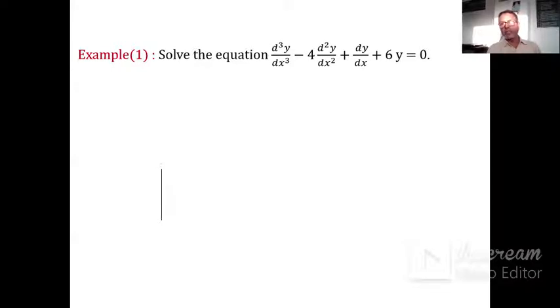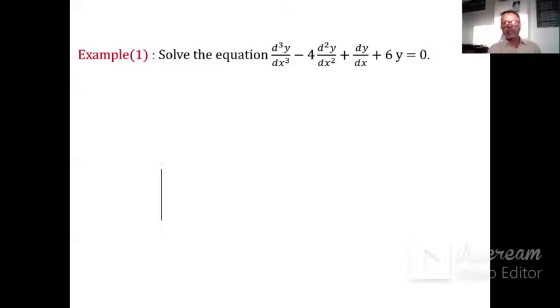We have seen that if m1, m2, dash dash, mn are the n distinct roots of the auxiliary equation, then the general solution of the given nth order homogeneous linear differential equation with constant coefficient is given by y is equal to c1 e to the power m1x plus c2 e to the power m2x plus dash dash dash cn e to the power mnx. We want to use this result to solve these examples.